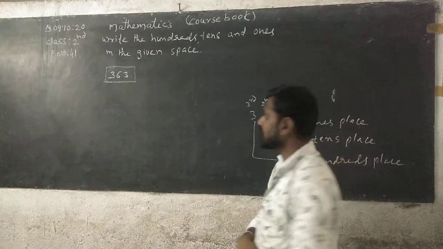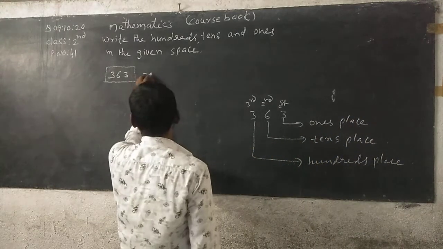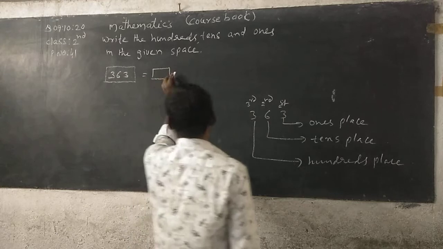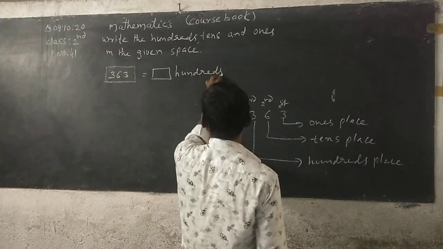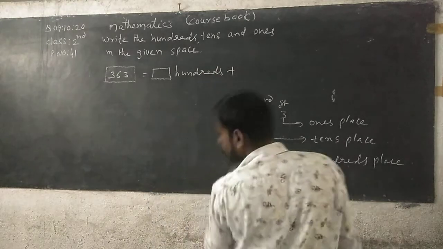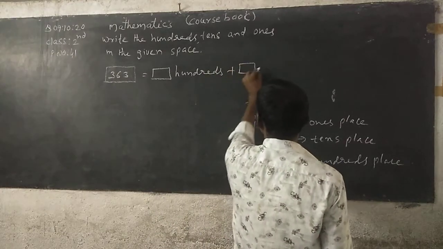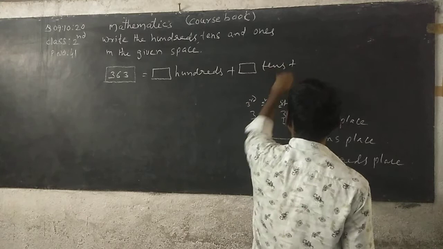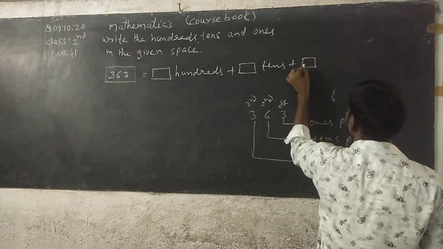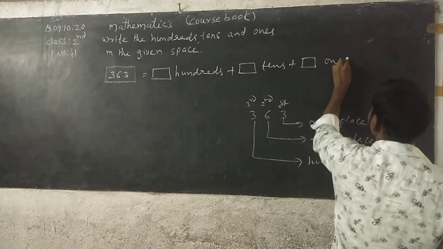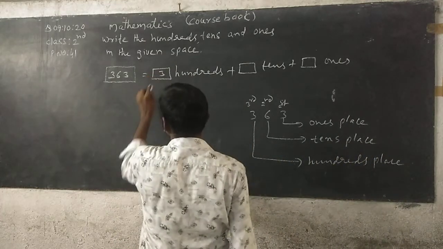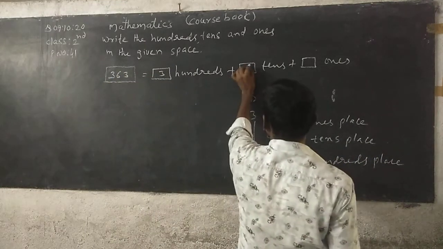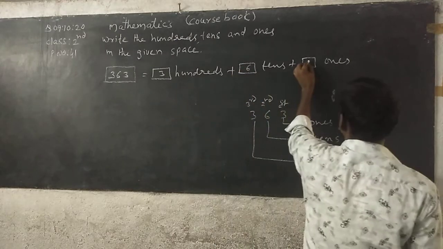So you can write dash hundreds plus dash tens plus dash ones. Listen carefully. 3 is in hundreds place, 6 is in tens place, 3 is in ones place.